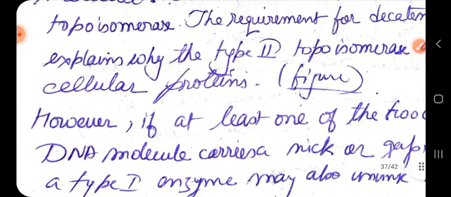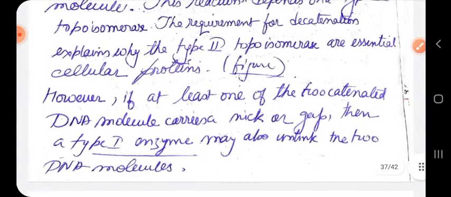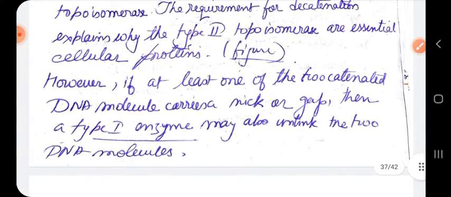Topoisomerase type 1 can also do the same thing, however, only if at least one of the two catenated DNA molecules has a nick or a gap. Then type 1 enzyme can also unlink the two DNA molecules.